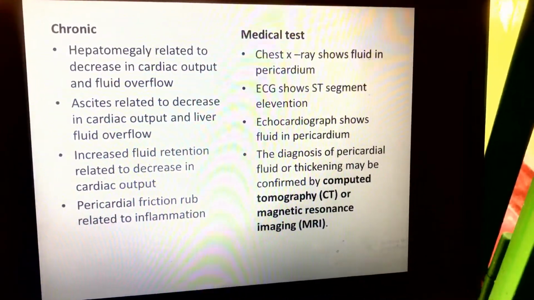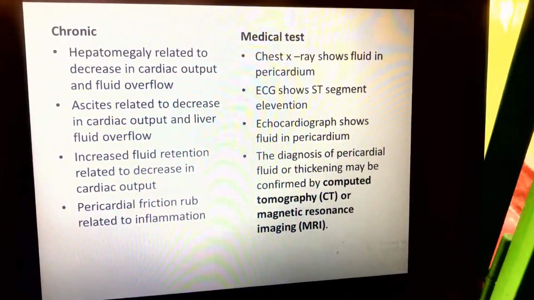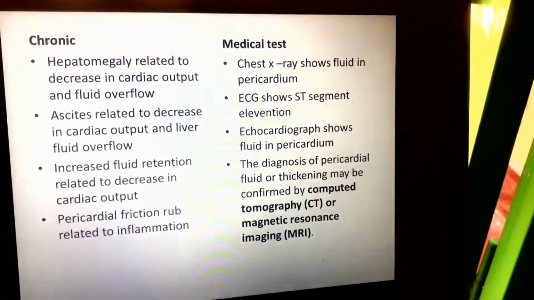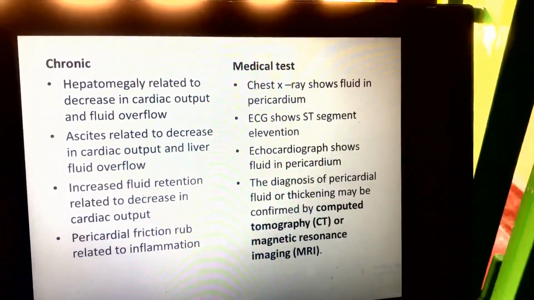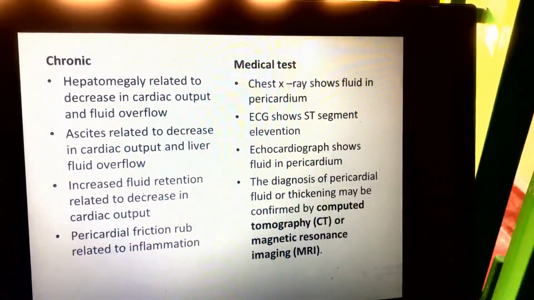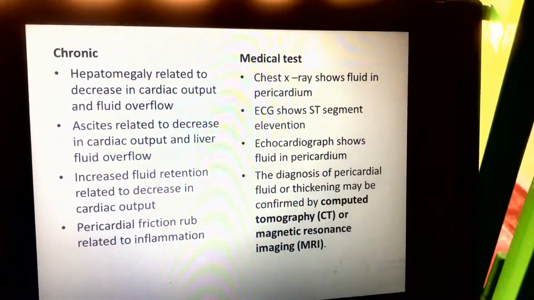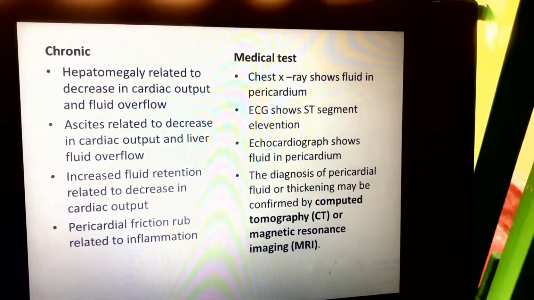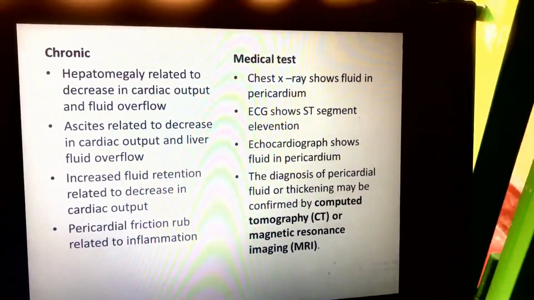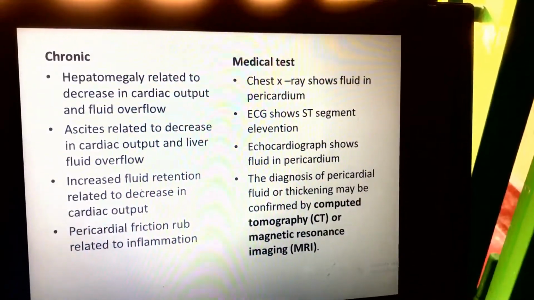Increased fluid retention related to decrease in the cardiac output. We have a decrease in the cardiac output because the area is inflamed and very tight, so the heart is not working very well. Pericardial friction rub related to inflammation can be heard.